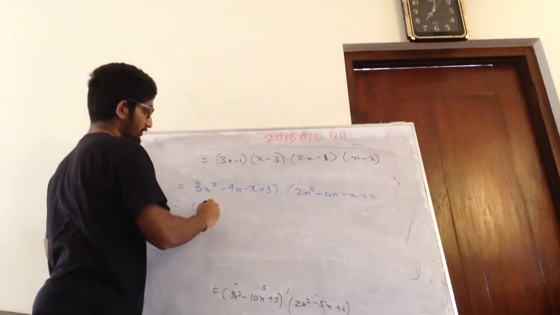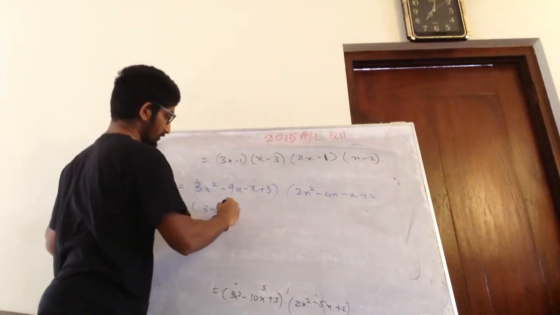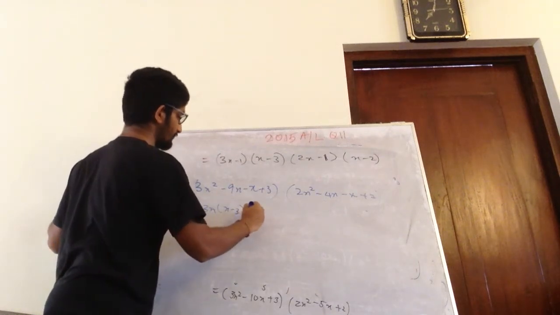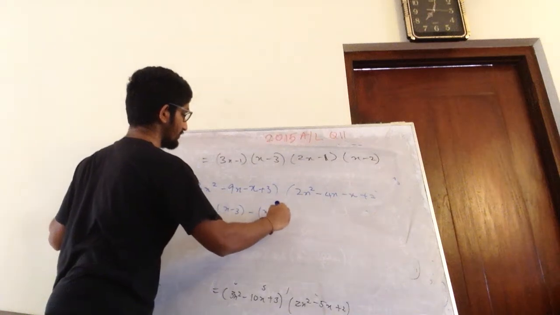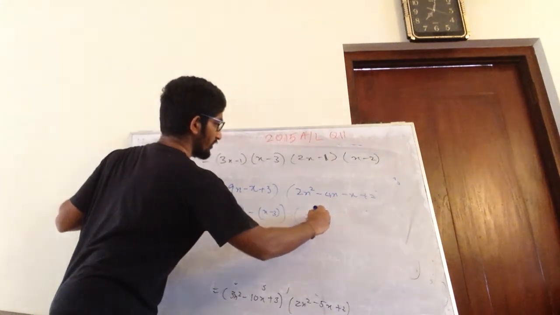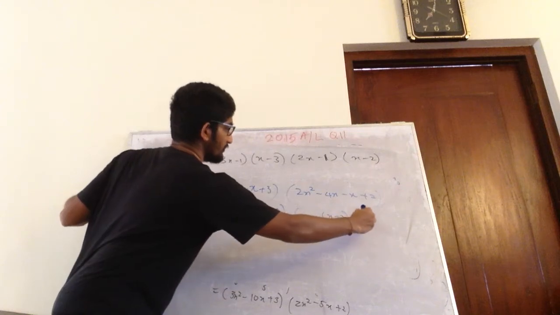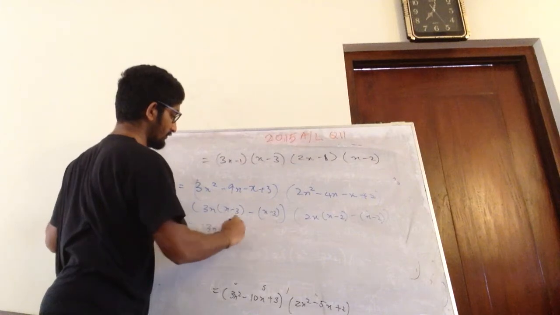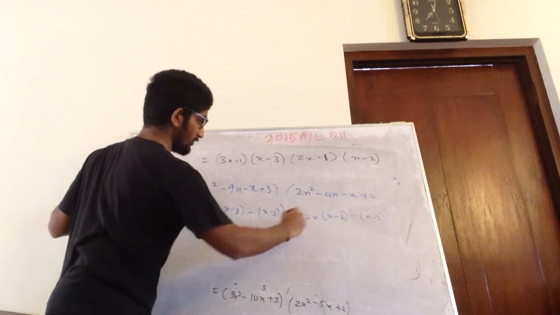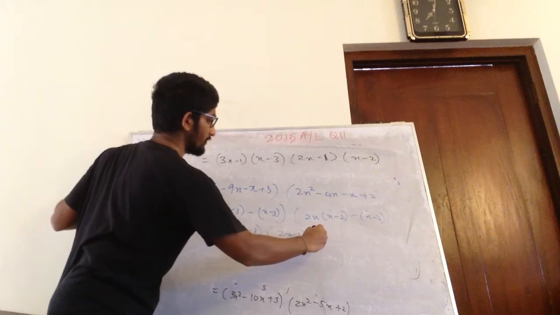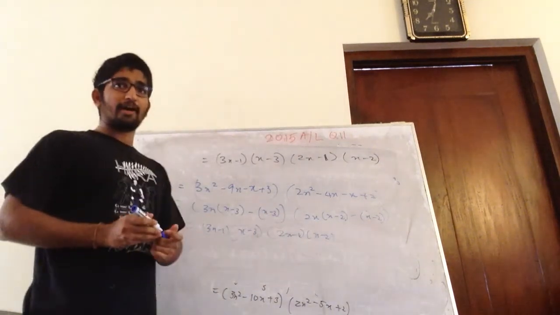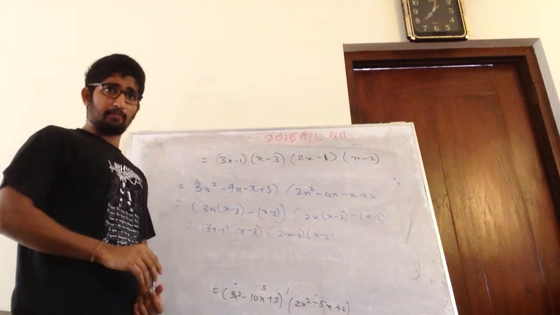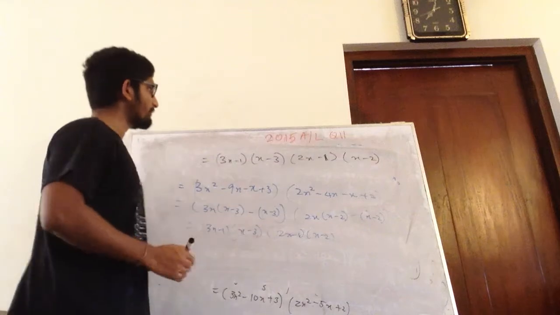Then you can get 3x(x minus 3) minus 1(x minus 3), and 2x(x minus 2) minus 1(x minus 2). Then you can get (3x minus 1)(x minus 3) and (2x minus 1)(x minus 2). Either way, whichever is faster for you, do that. Okay, so then basically this is the answer.